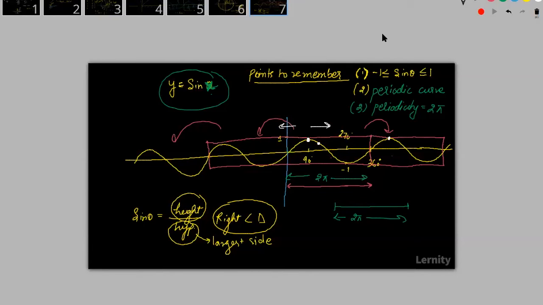Now suppose I take this point. Here it is 30 degree, right? So 30 degree means from this point 30. So 30 plus 360 is 390.